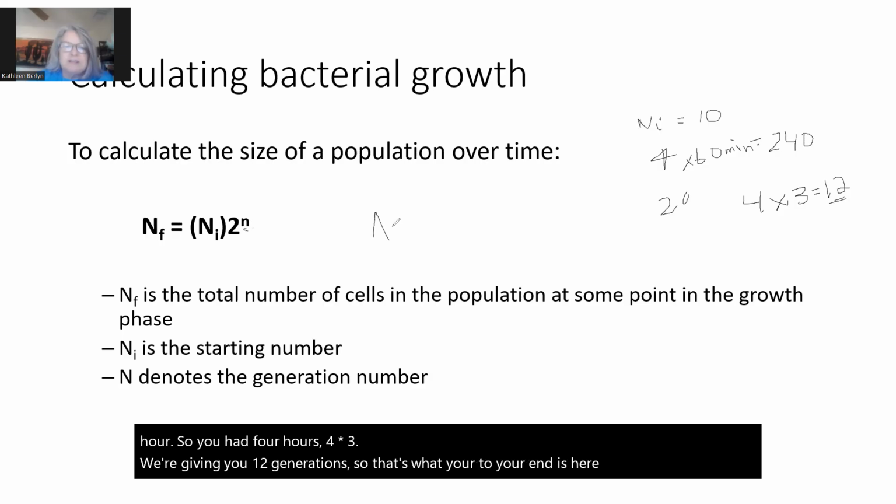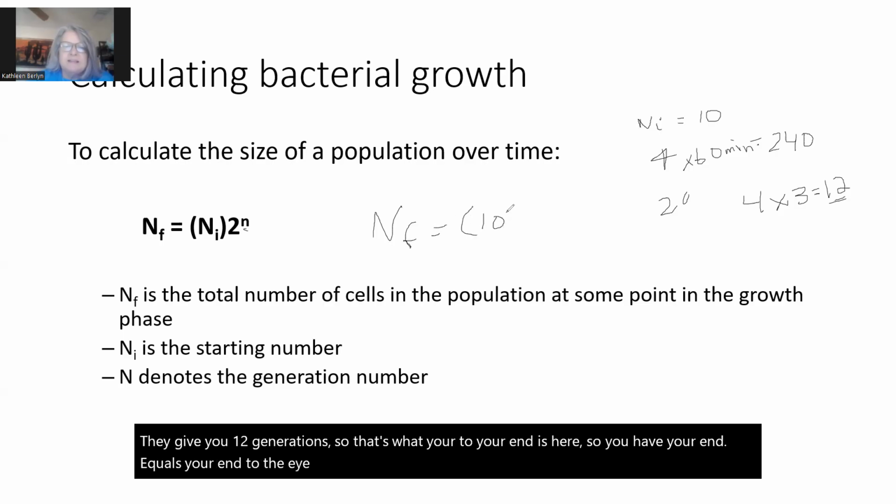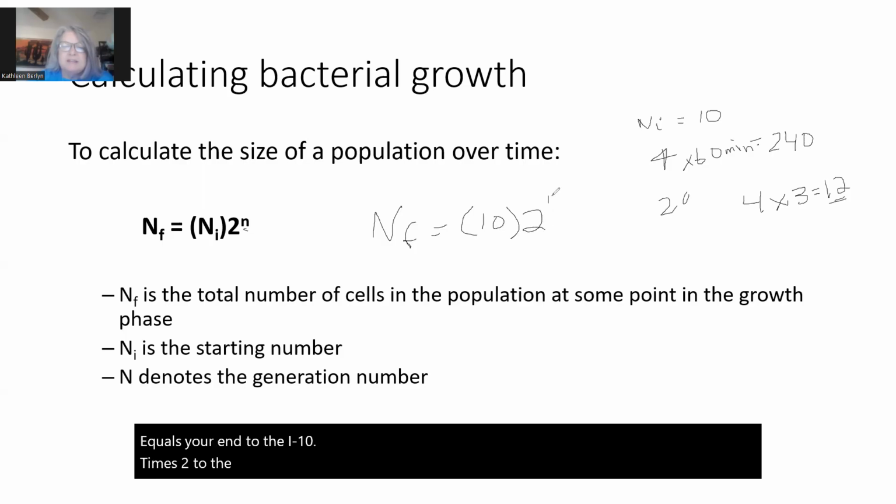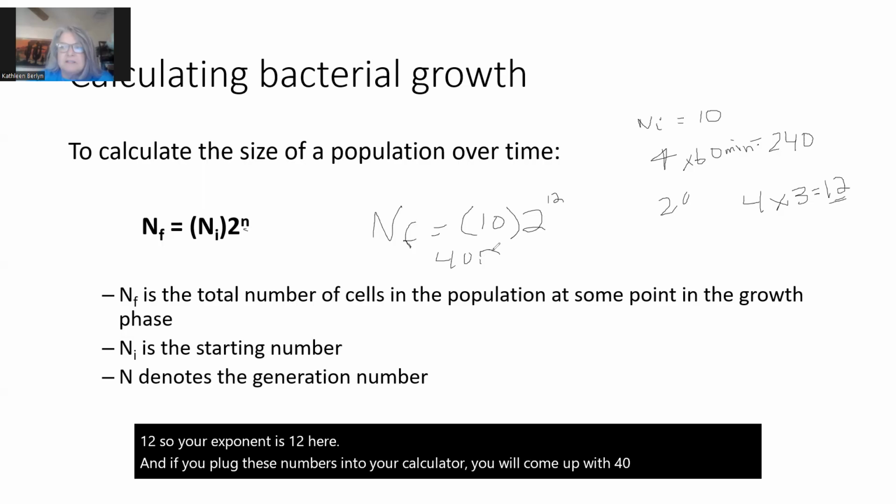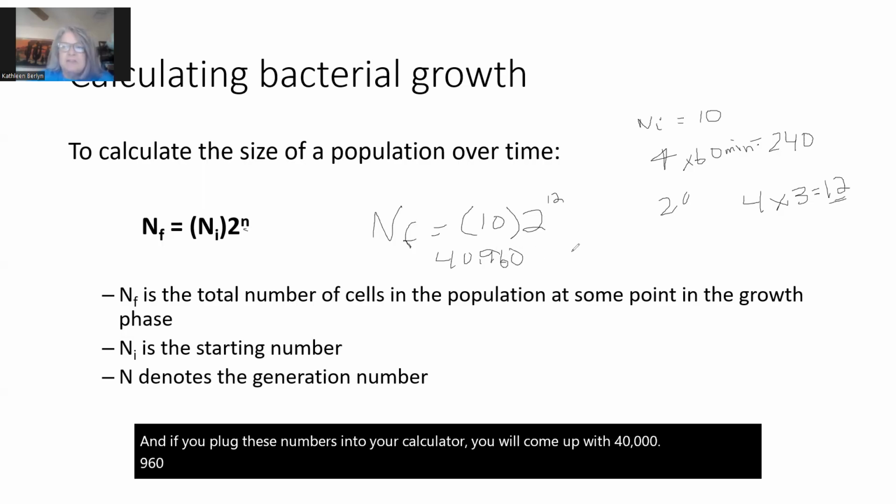So you have your N_f equals your N_i, which is 10, times 2 to the n, where n is 12. So your exponent is 12 here. And if you plug these numbers into your calculator, you will come up with 40,960 organisms after 4 hours.